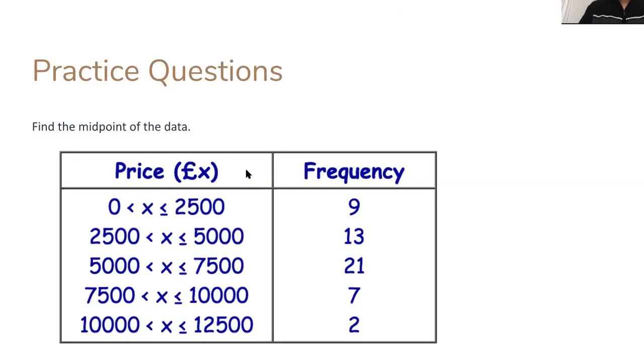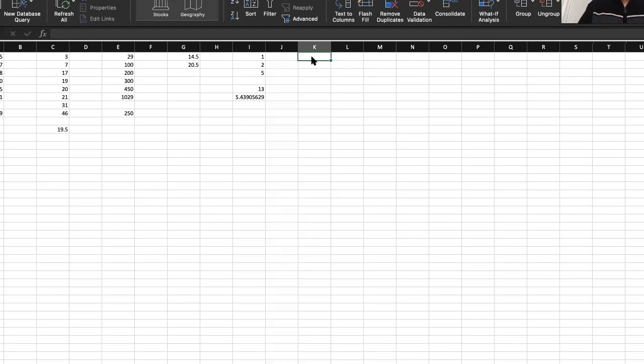How we did that. For the first midpoint, we're going to take the limits, which were 2,500 and 0. We're going to add them together and divide by 2.